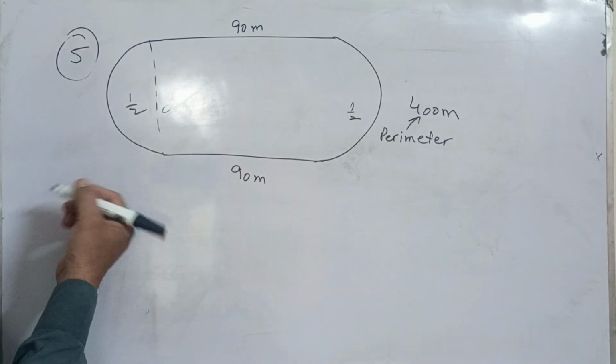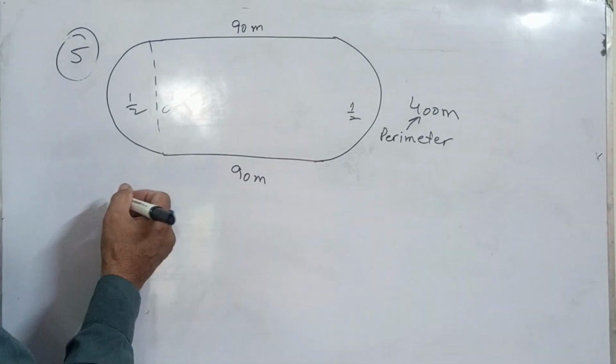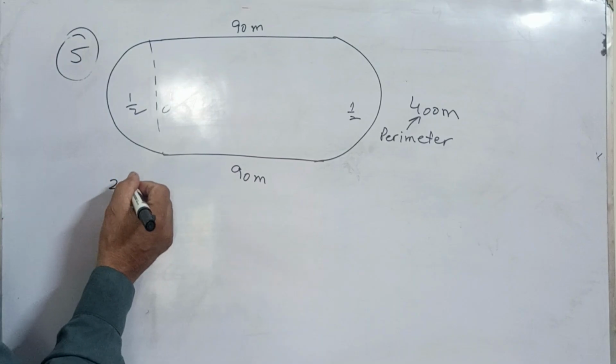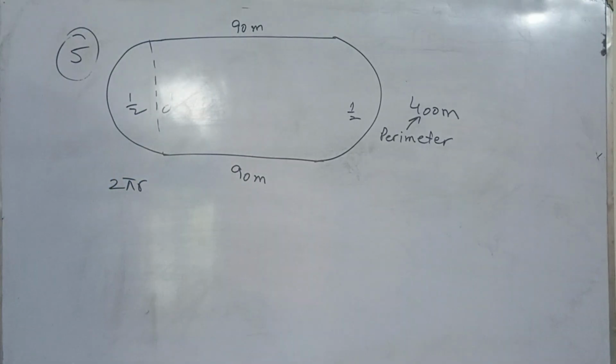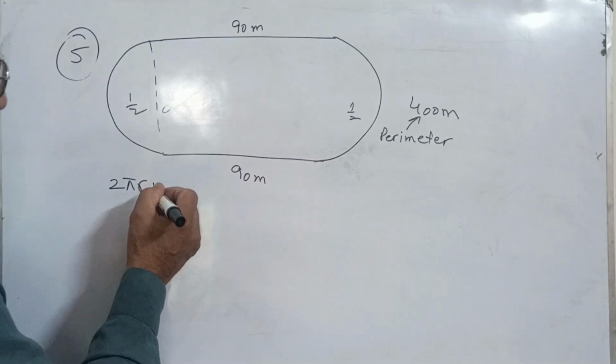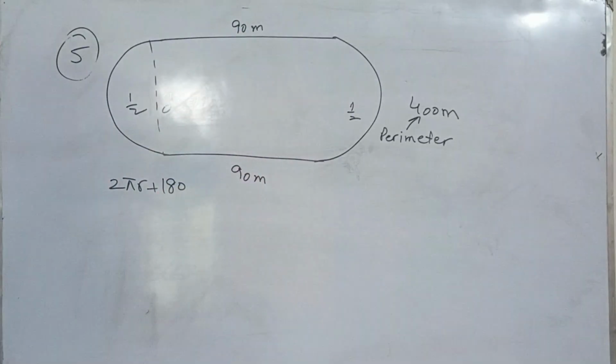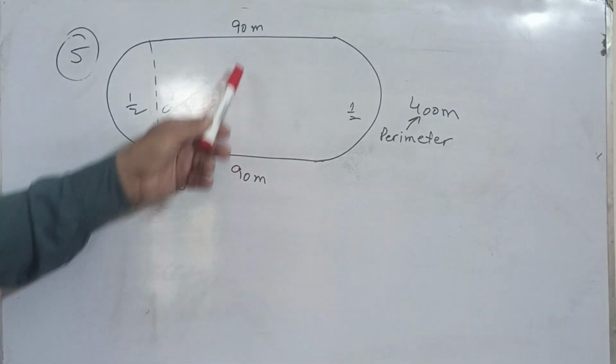The curved part will consist of one full circle, 2 pi r, plus 180, because this is 90 and this is 90.